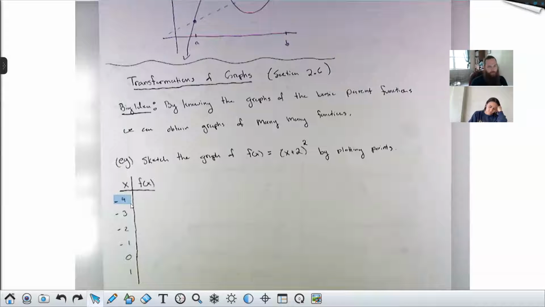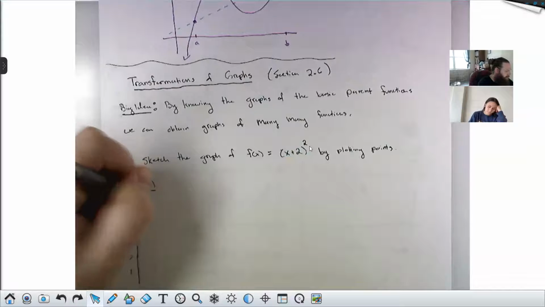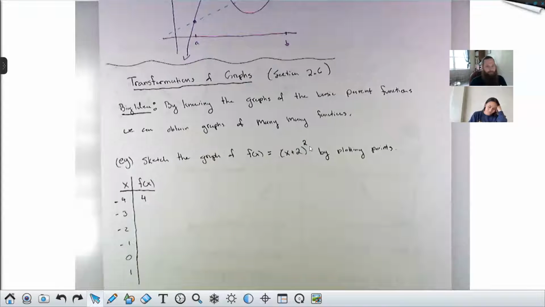If I plug -4 in for x here, then this will be (-4 plus 2) all squared. -4 plus 2 is -2. -2 squared is +4. So f of -4 is 4. If I plug -3 into this function, I'll have (-3 plus 2) all squared. -3 plus 2 is -1. -1 squared is +1.